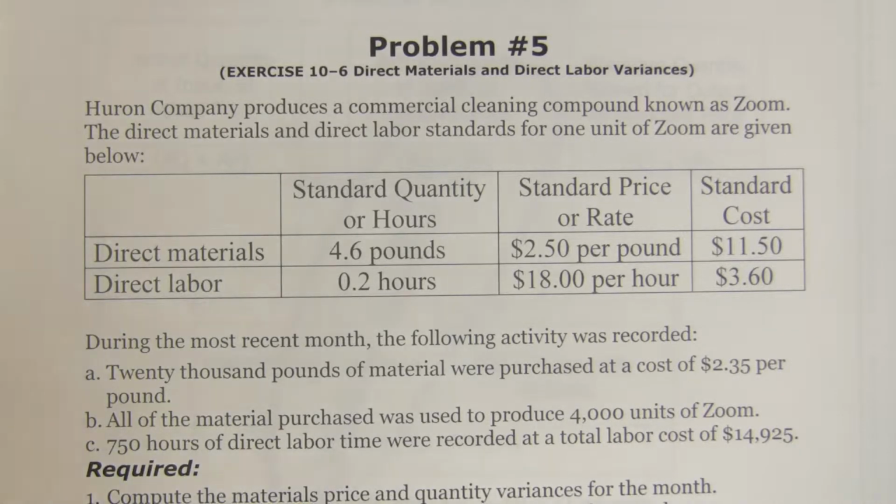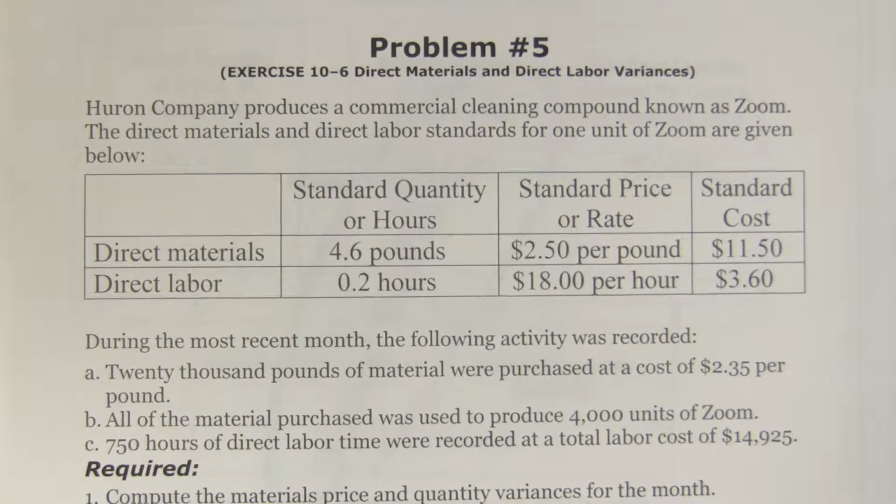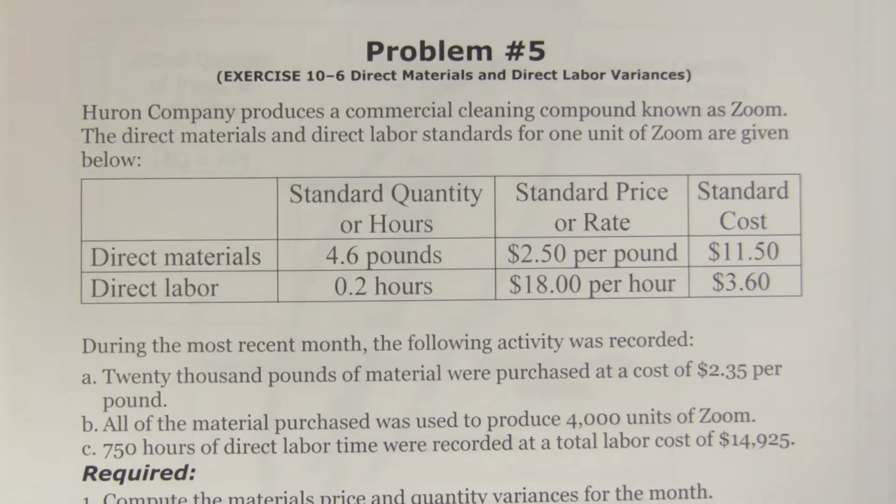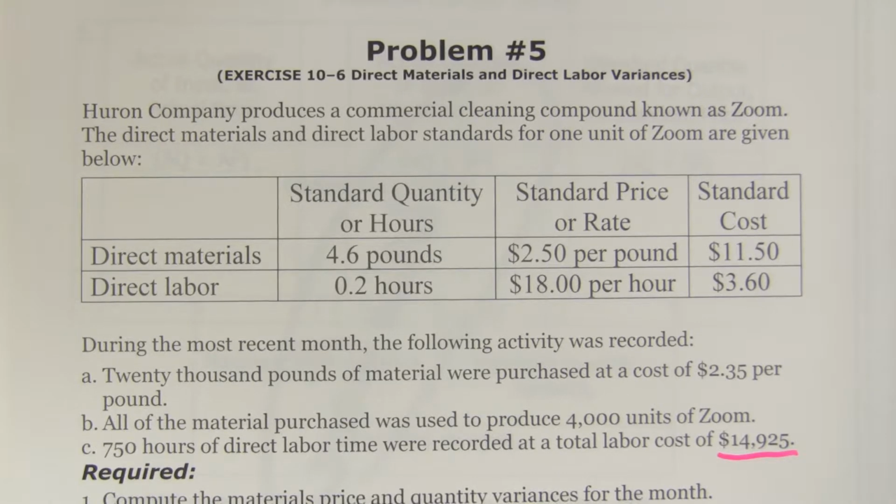Problem 5, this is exercise 10.6 in your text, is really an altogether-now kind of thing where we're going to look at direct material and direct labor variance. They've given us a lot of information here. We're going to need this, but we have to put it together. The only number they gave us in aggregate was the total amount of hours, and we'll use that for the labor rate variance.